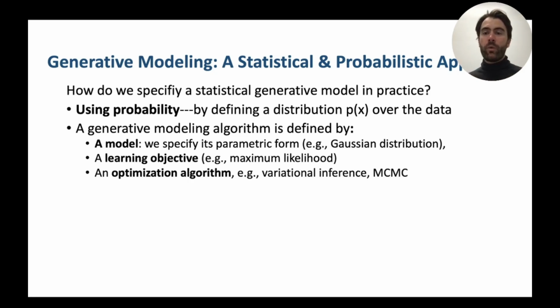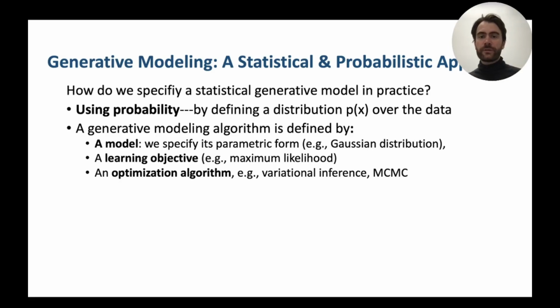Now, finally, if we have a learning objective and a model, we still need a way to select the set of parameters that maximizes the objective or optimizes the objective. And that is the goal of an optimization algorithm. Now, oftentimes, in fact, in most cases, exactly optimizing the learning objective will be intractable, and therefore we will resort to all kinds of approximation techniques, which range from stochastic gradient descent to more sophisticated approximate probabilistic inference algorithms, the most famous of which are variational inference and Markov chain Monte Carlo.